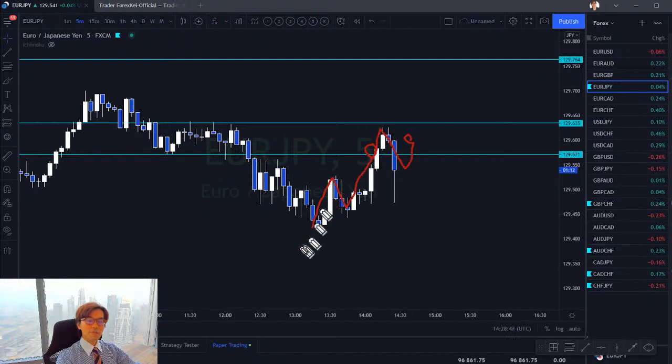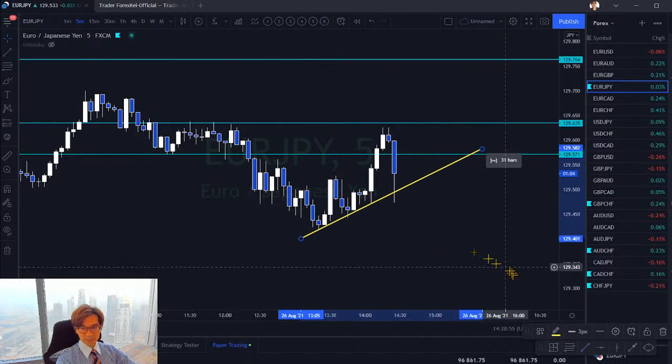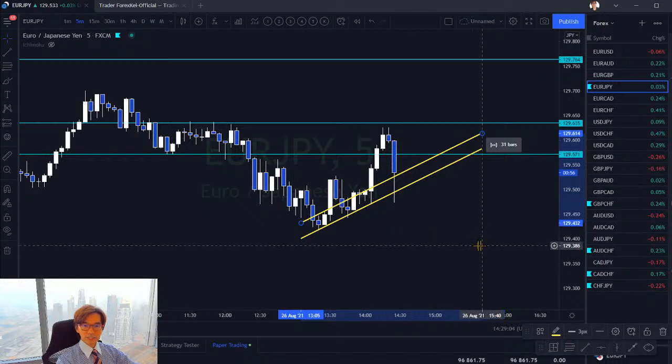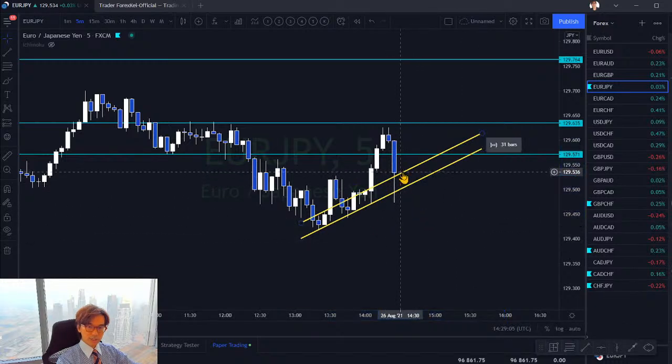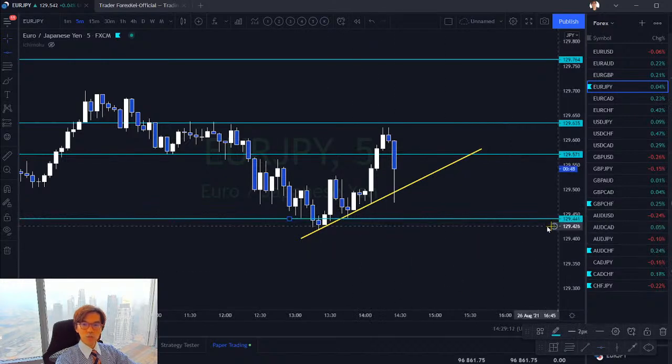So as long as the market doesn't break the previous support, this is bullish. So it's dropping down now, but if the market breaks the previous support level here, which is at, hold on, let's see. The previous support in 5 is exactly here at 129.44 level.